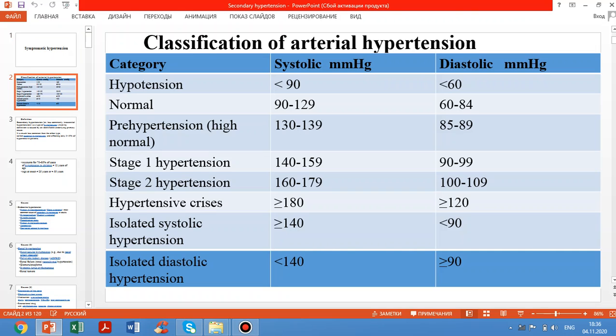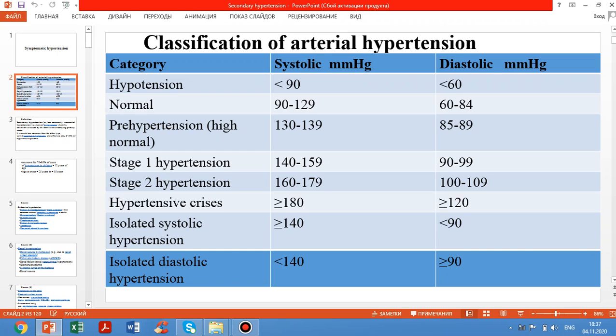Stage 1 hypertension, systolic BP is 140 to 159 and diastolic BP 90 to 99 mmHg. Stage 2 hypertension, systolic BP is 160 to 179 and diastolic BP 100 to 109 mmHg.